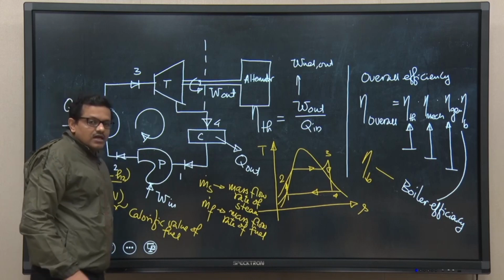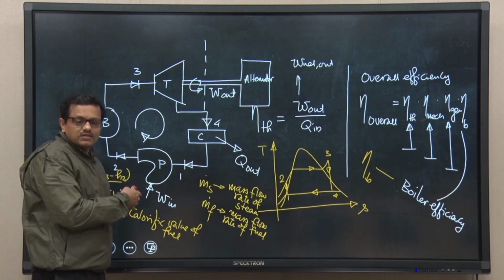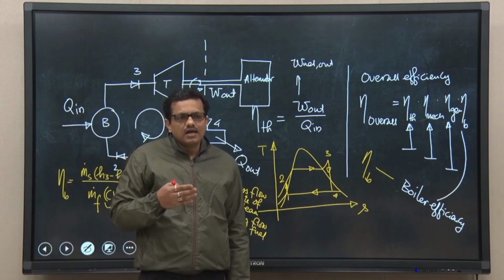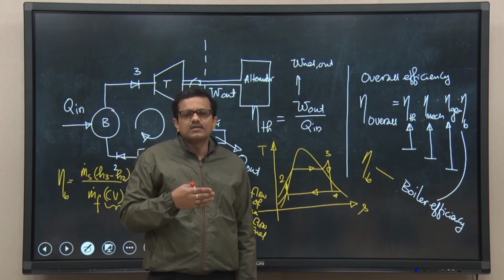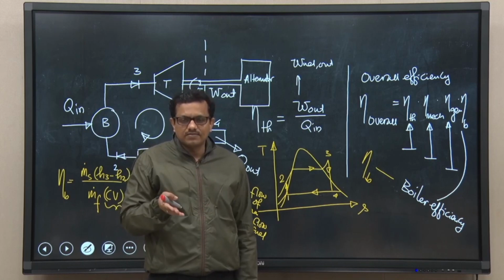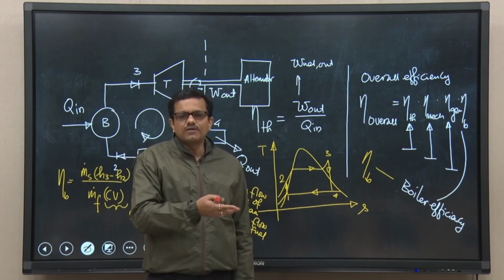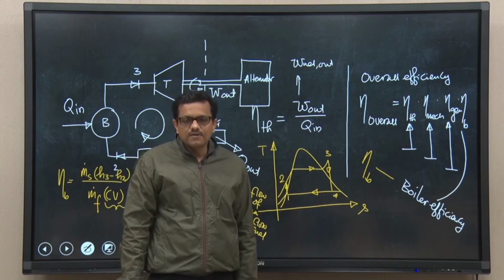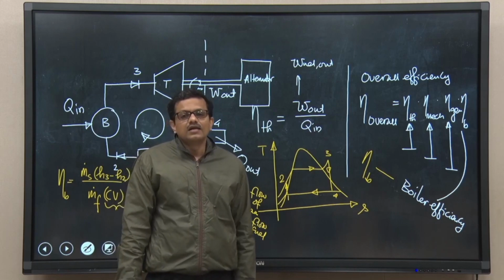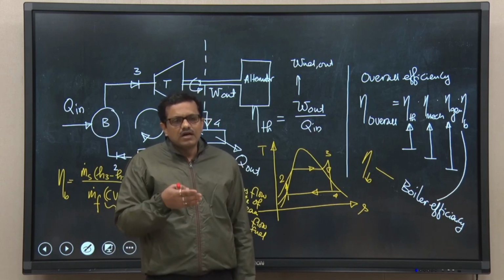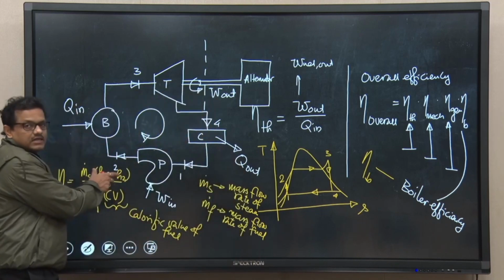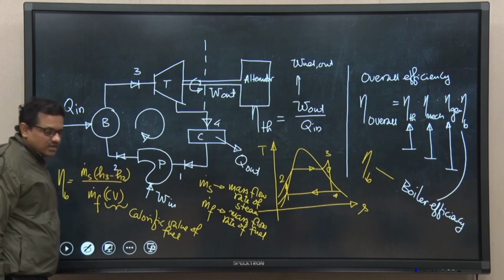So, considering all these aspects, we need to look at the several components inside the boiler, the several flow paths through which these two streams flow from one part of the boiler to the other, and the mechanism by which we can maximize this quantity, that is m dot s into H3 minus H2.